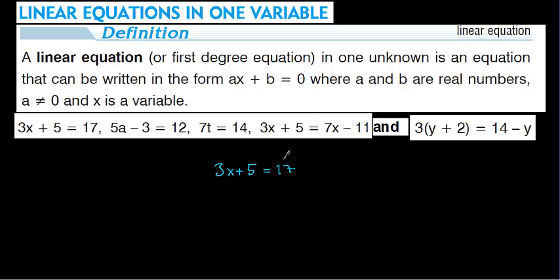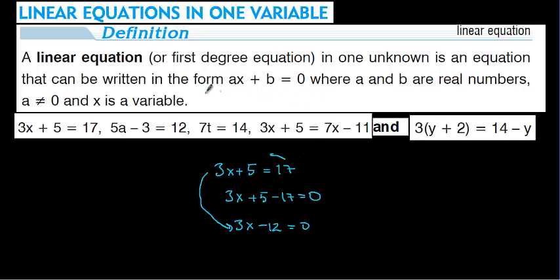For that, you can send the 17 to the other side, and it becomes 3x plus 5 minus 17, which is equal to 0, and so 3x minus 12 is equal to 0. As you see, I transformed the equation into this form, and now it is in the same format that we like.